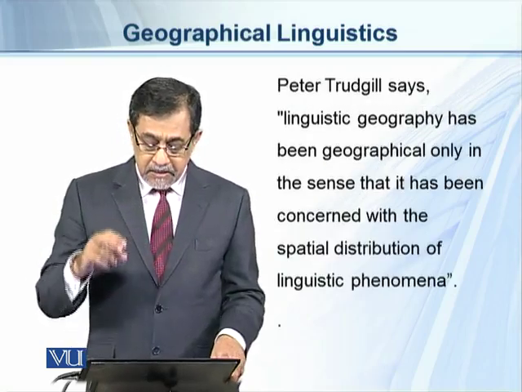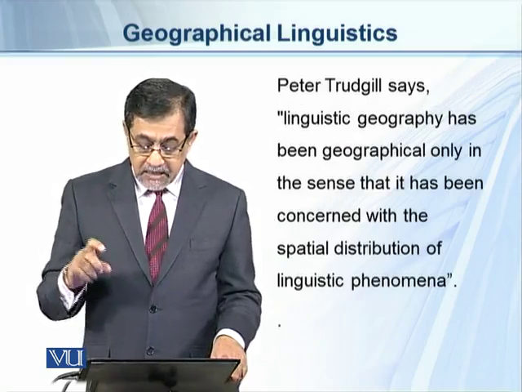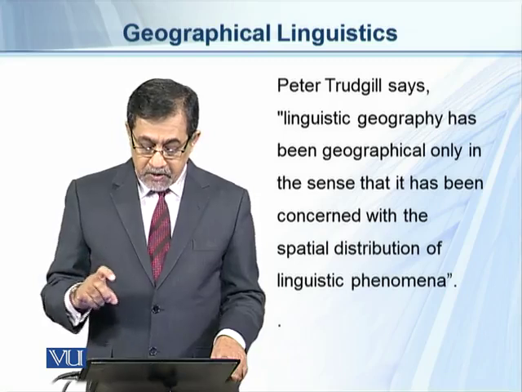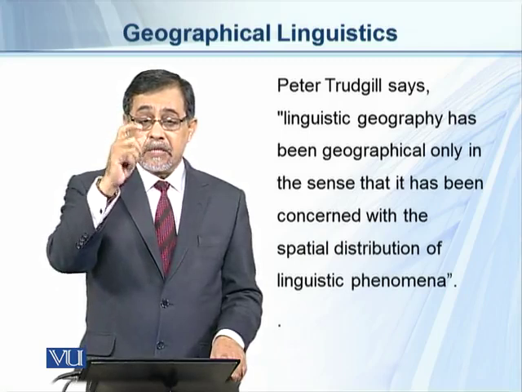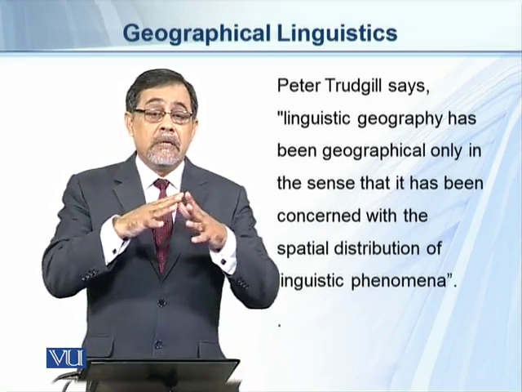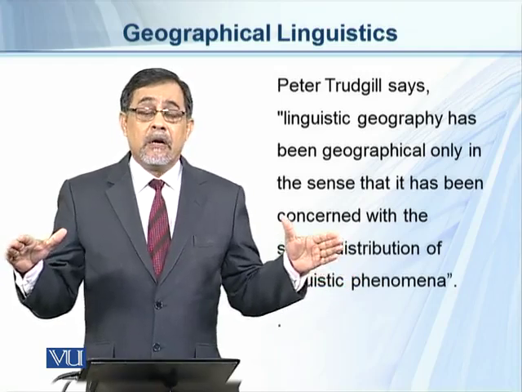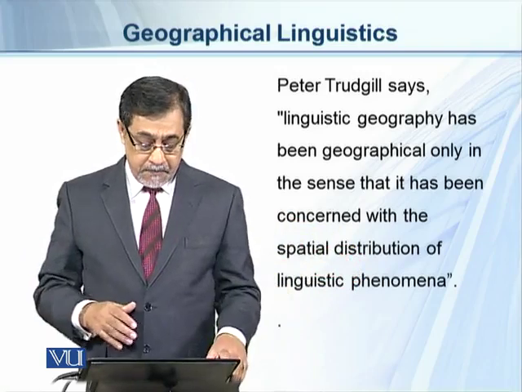Peter Trudgill says, linguistic geography has been geographical only in the sense that it has been concerned with the spatial distribution of linguistic phenomena. So he says that it's spatial, that we are concerned with the division of the space with reference to time.